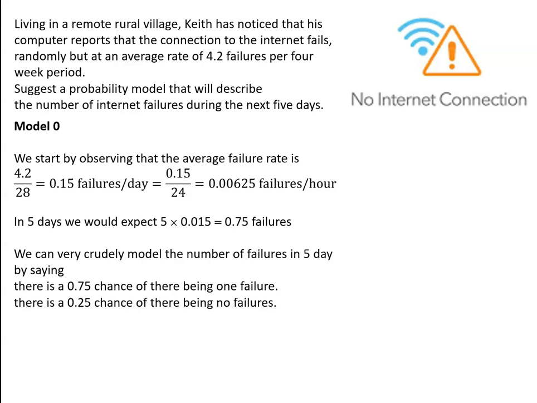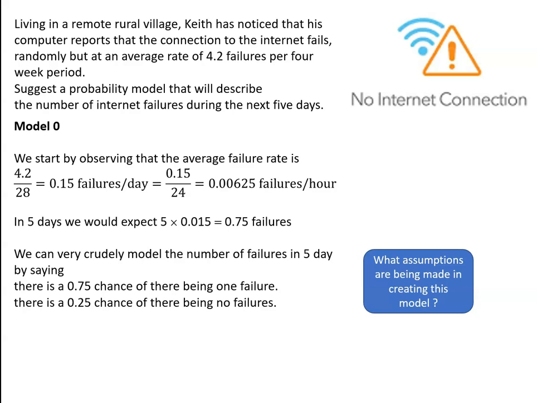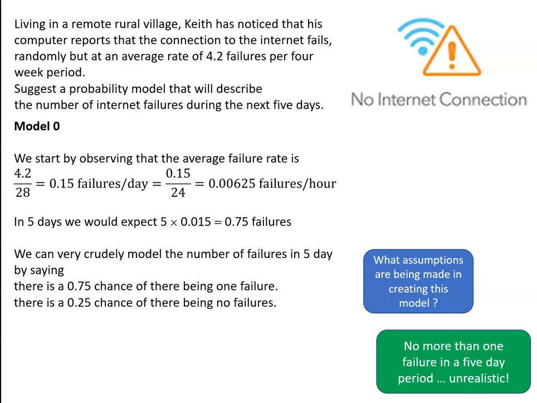However, it's got one major assumption, that there will be no more than 1 failure within the course of the 5 days. And that, of course, is a very major assumption, and it's unrealistic.